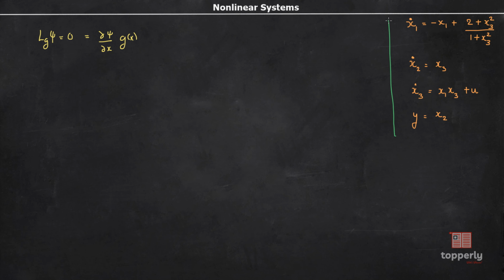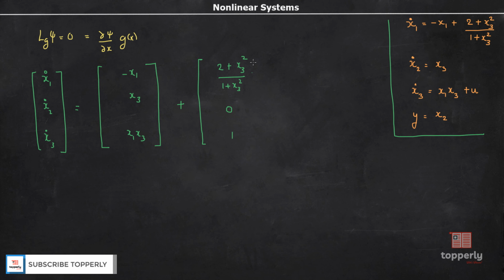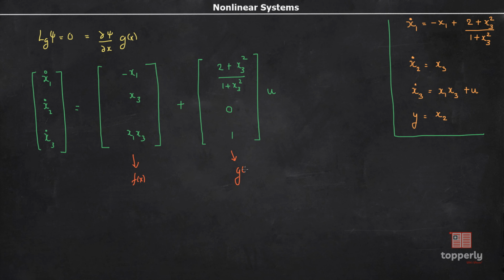Okay, so we can write our given system as [x1 dot, x2 dot, x3 dot] equal to [minus x1 x3, x1 x3, ...] plus [(2 plus x3 square) by (1 plus x3 square), 0, 1] into u. So this is our f of x and this is our g of x.